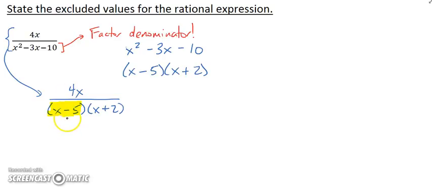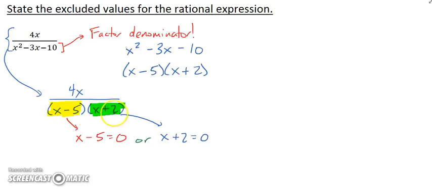One of them would be if x minus 5 were to equal 0, or another way I could get 0 on bottom would be if x plus 2 were to equal 0. Because this is a multiplication issue here. These two things are multiplied together, so if either one of them were to be 0, then the whole denominator would be 0.